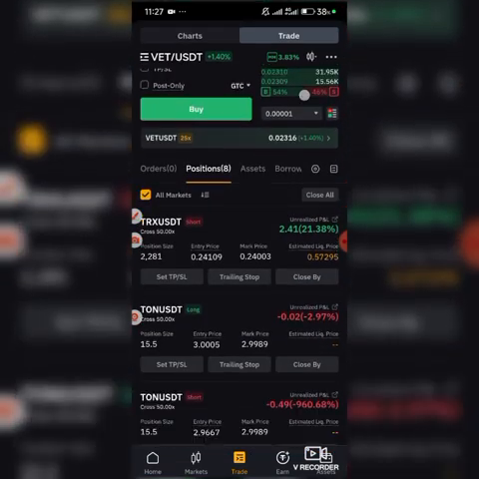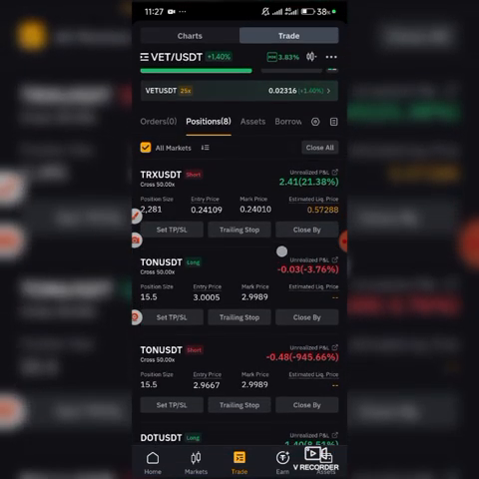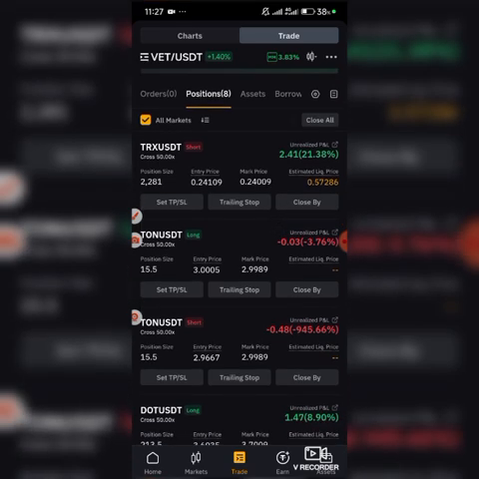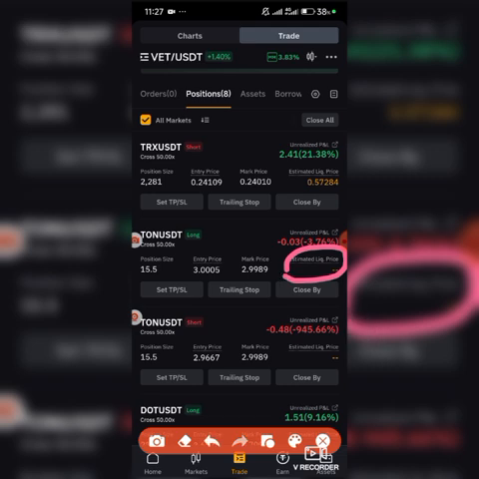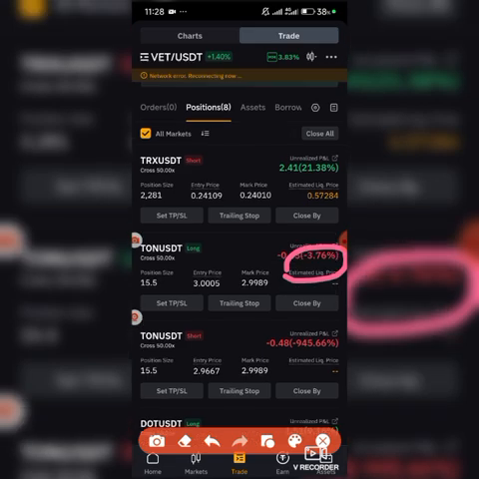Now let me go back to this account. This one here is where you see liquidation. You can see that we cannot see anything about liquidation here. It's not displayed, because everything is actually safe. The same thing here on this TRX.